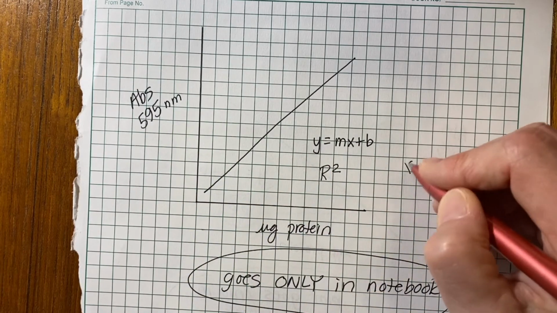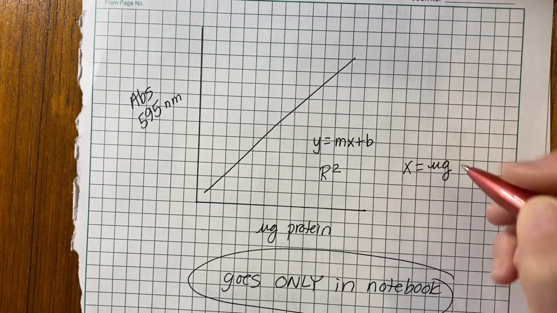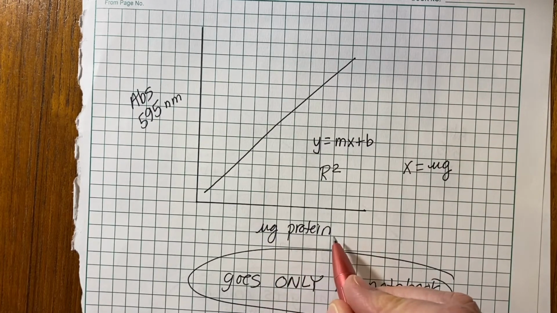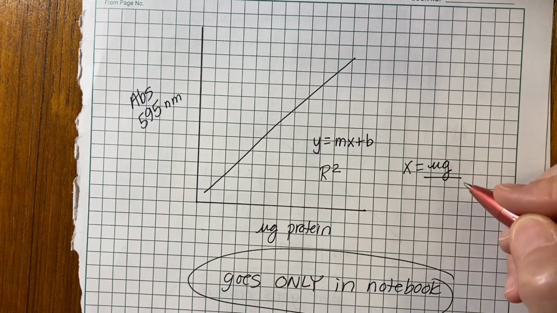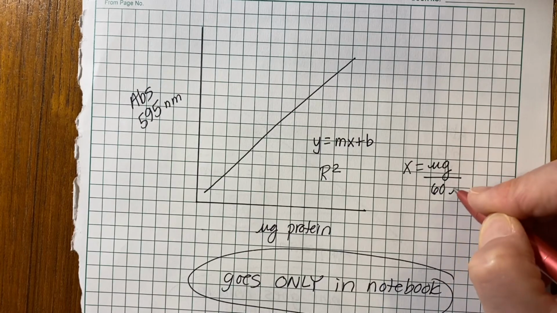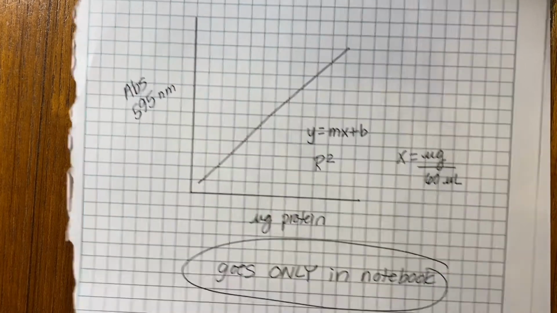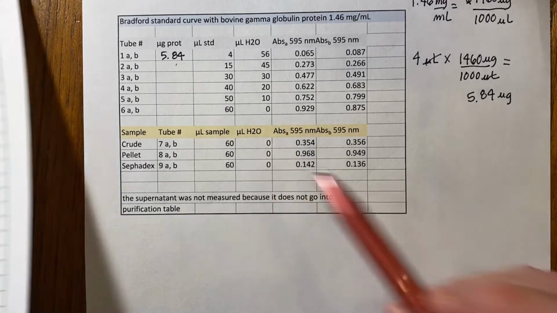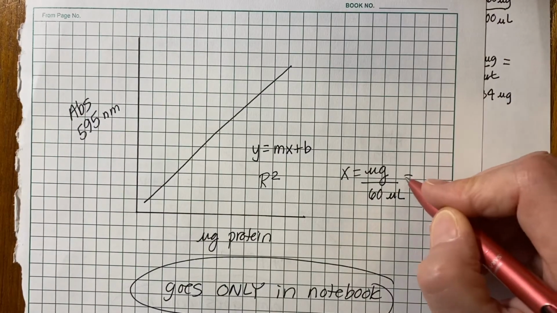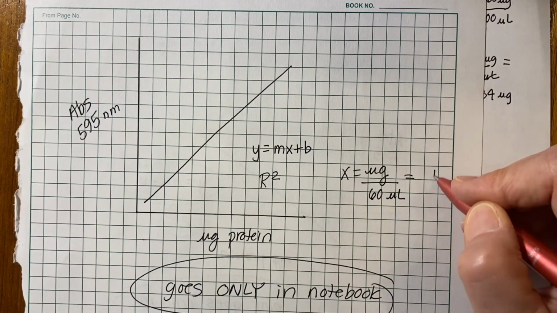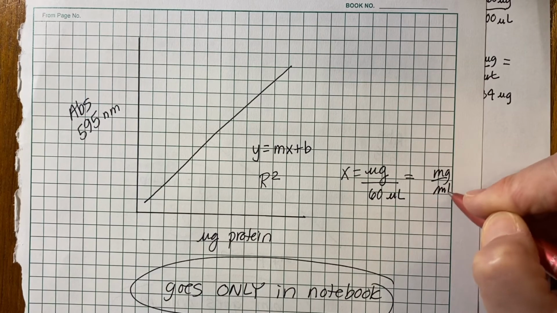X will be micrograms if you do the X axis in micrograms, and then you will divide by 60 microliters for all of them, because they were all 60. And then whatever you get will be equal to milligrams per mL.